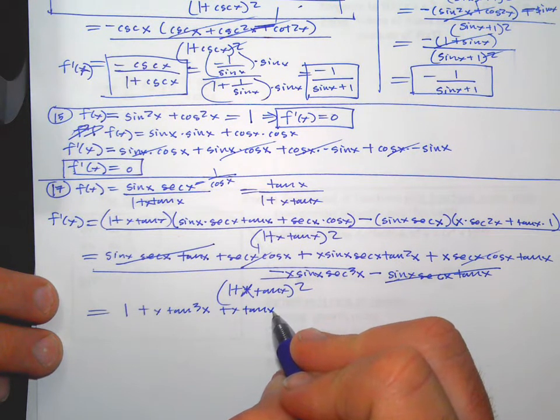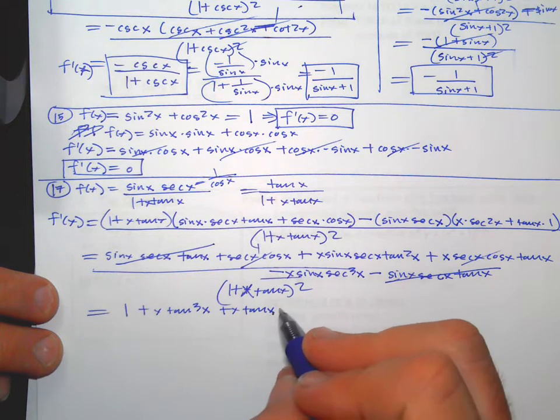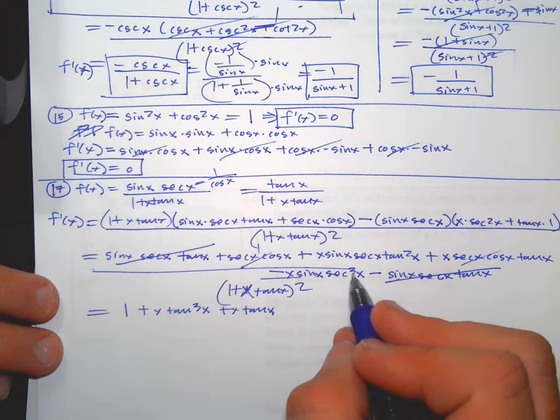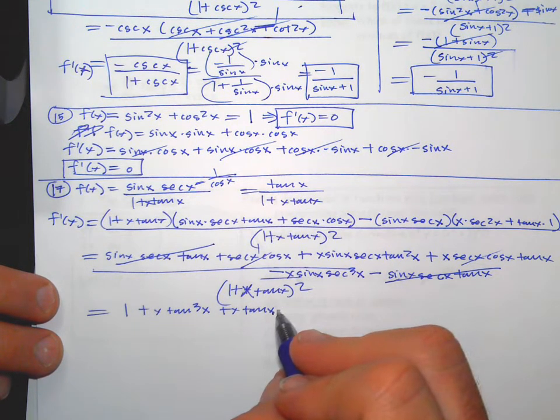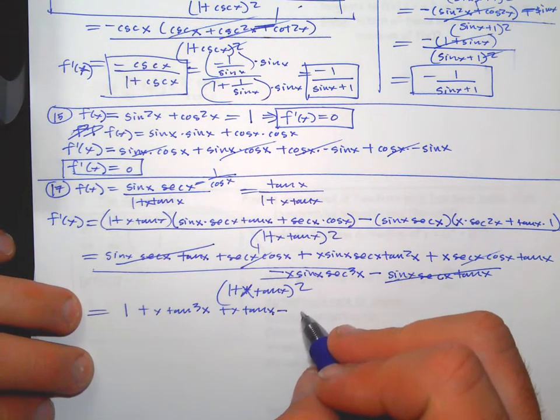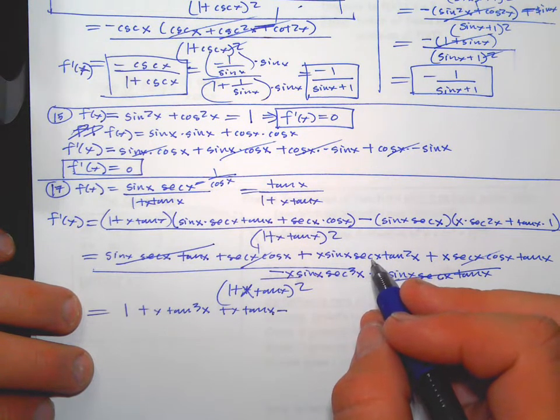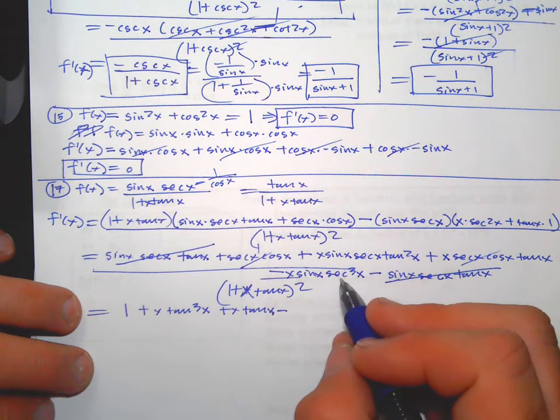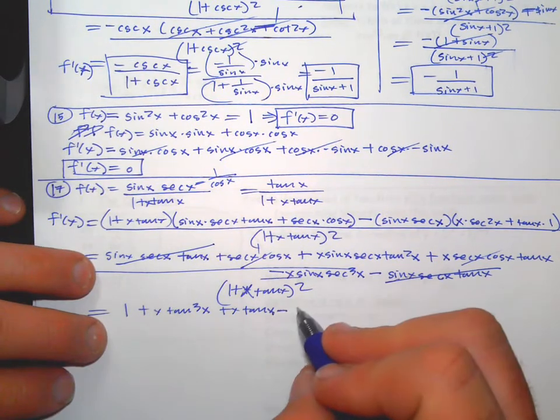And then this one, I don't know how we want to write that one. This is a mess. Okay. Secant is 1 over cosine, or no, we already did that one.